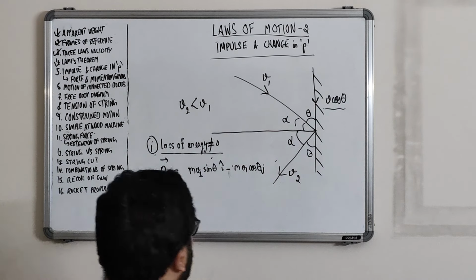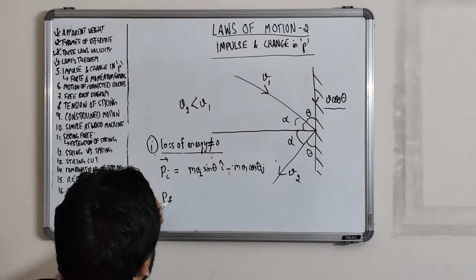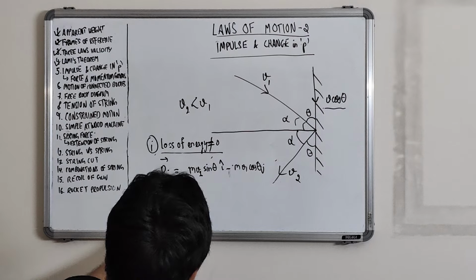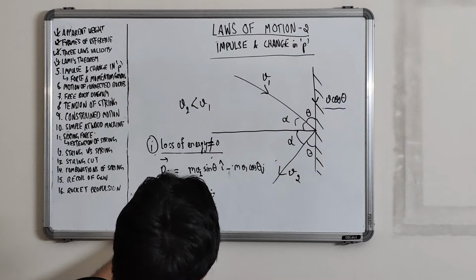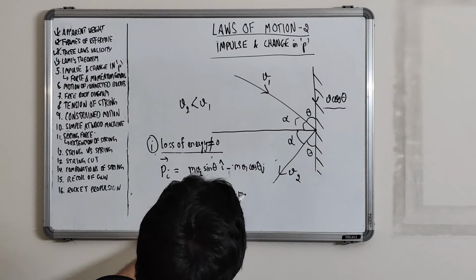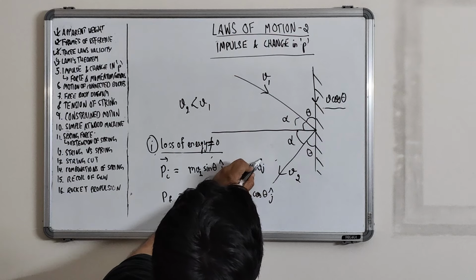Now instead of taking it common, I put it outside, and pf is final, right? So minus mv2 sin theta I cap minus mv2 cos theta j cap.